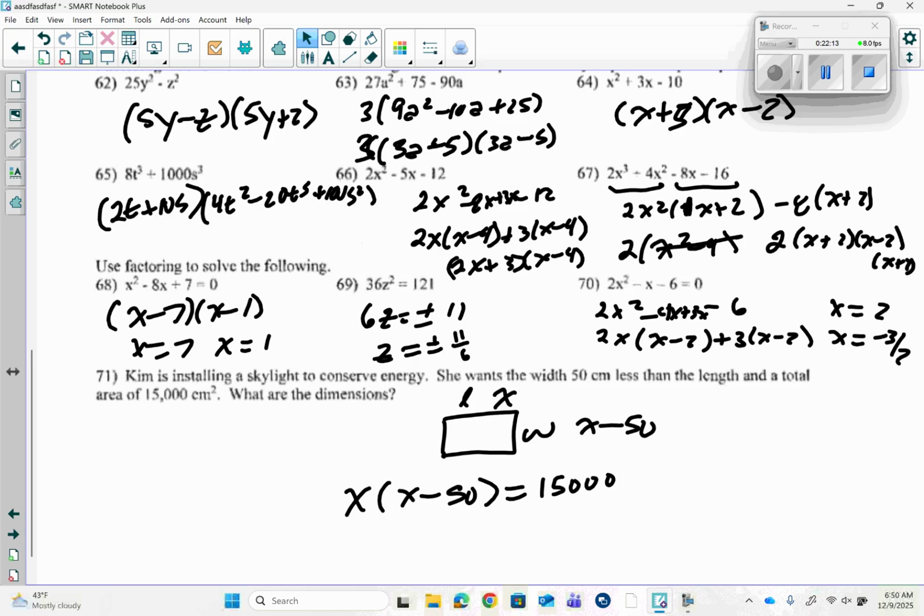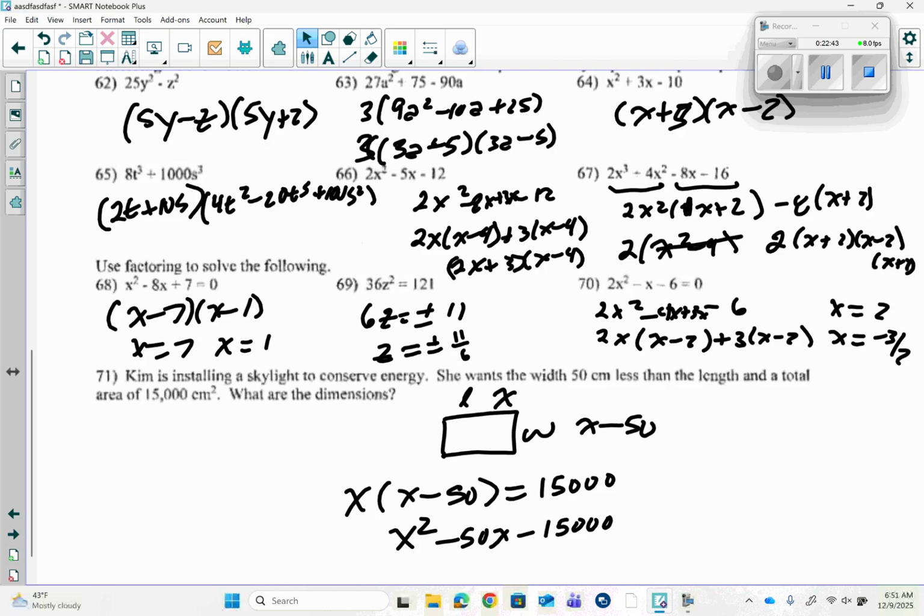And then that's going to give me x squared minus 50x minus 15,000. Honestly, if you were to graph that on a graphing calculator, you'd go x squared minus 50x minus 15,000. Never mind, I'm not going to do that.